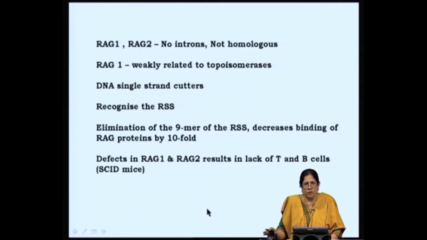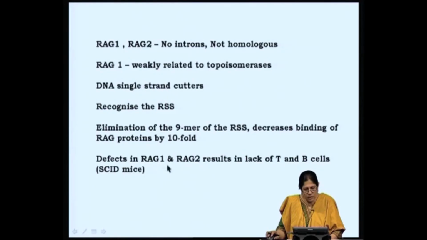Now, Rag1 and 2, these two I told you are enzymes which are so specific and are absolutely required for generation of B and T cells. Defects in Rag1 and 2 result in lack of T and B cells. There is a strain of mice called SCID mice, SCID for severe combined immunodeficiency.